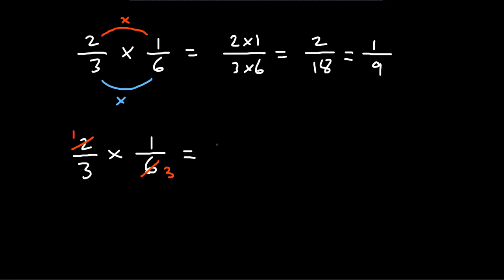So that becomes 1 over 3 times 1 over 3. And then you just multiply across as before. So that becomes 1 times 1, which is 1, and then 3 times 3, which is 9. So you get the same answer as before.